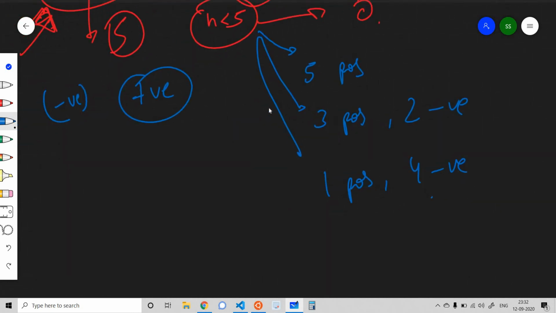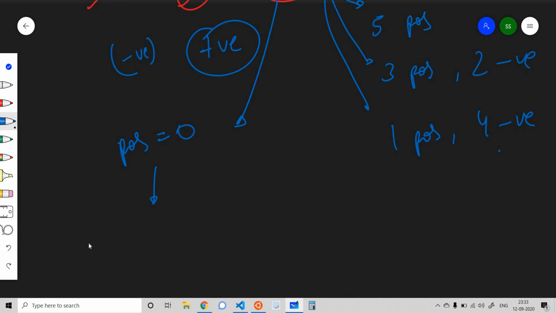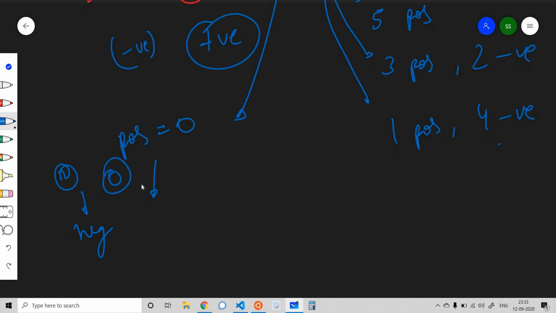And there is another case in which we have no positive numbers, that is pos equal to 0. So it means we either have negative integers in our array, or we have zeros.